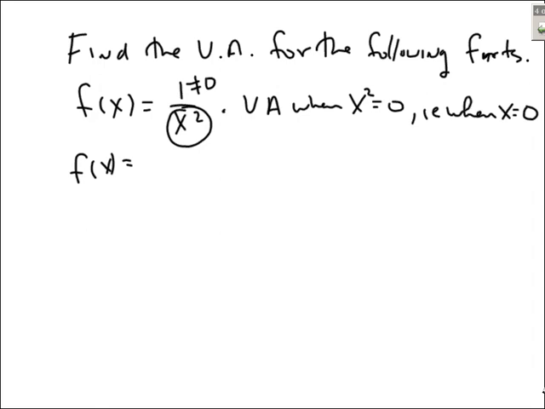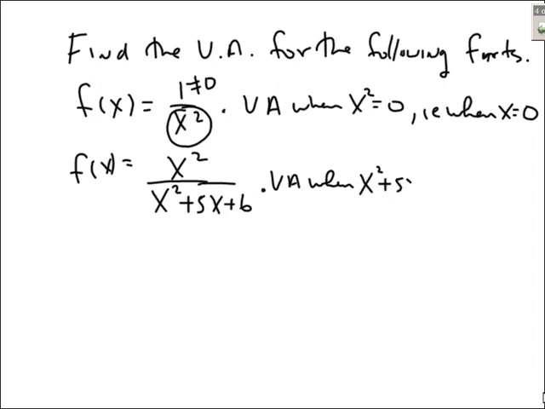How about f of x is equal to x squared over x squared plus 5x plus 6. Okay, you have a vertical asymptote possibly when x squared plus 5x plus 6 equals 0. Well, if you factor this, you get x plus 3 times x plus 2 is 0.